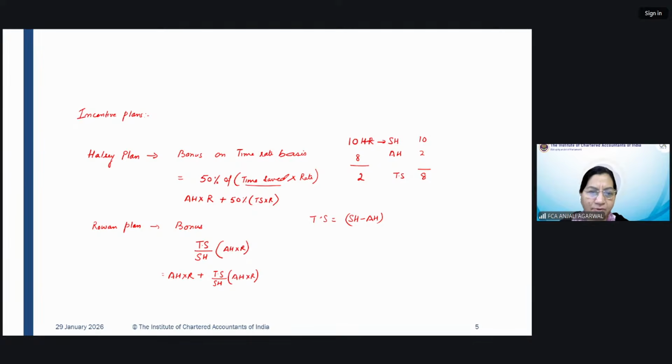However, in Rowan plan, as the bonus is applied as a proportion of time saved on standard hours, in Rowan plan you will see that 2 by 10 is 20%. So in this case, let's say this is case A and this is case B. So in case A, the bonus is 20% of actual wages.